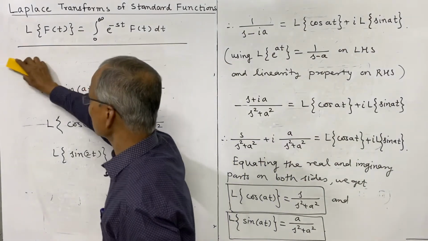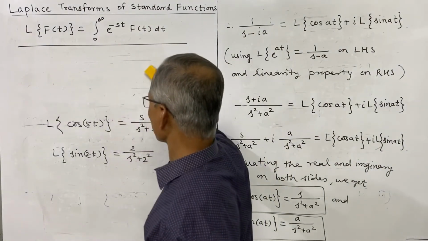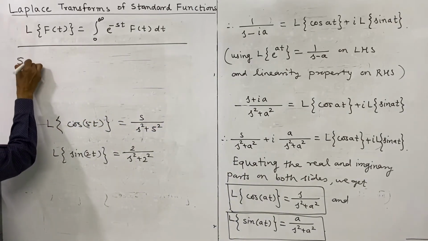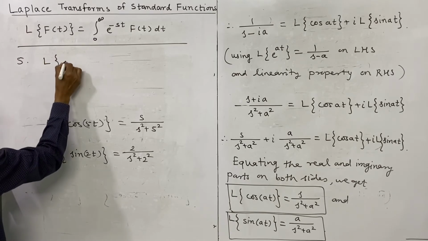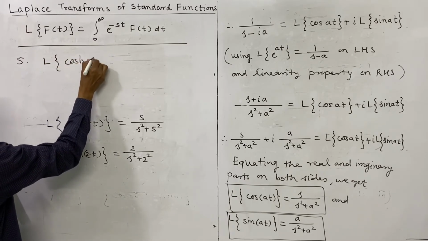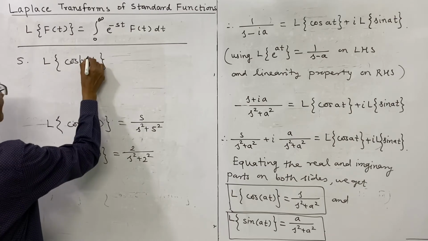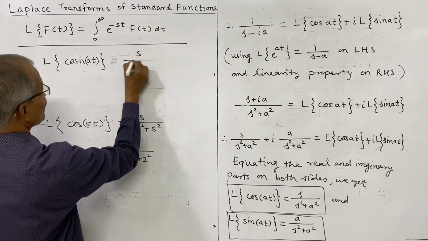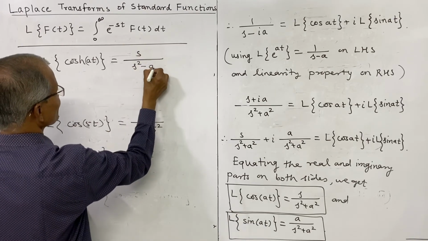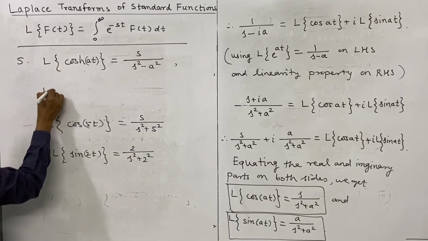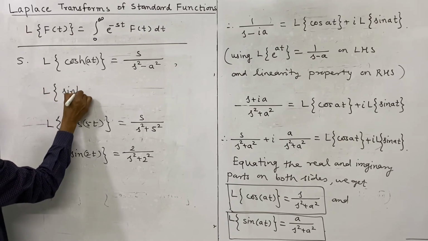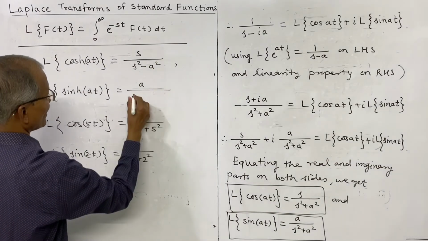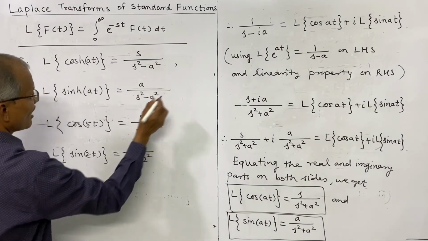Now one more we shall consider is the hyperbolic functions, our fifth result. The Laplace transform of hyperbolic cos at is s divided by s square minus a square, and the Laplace transform of hyperbolic sine at is a divided by s square minus a square.